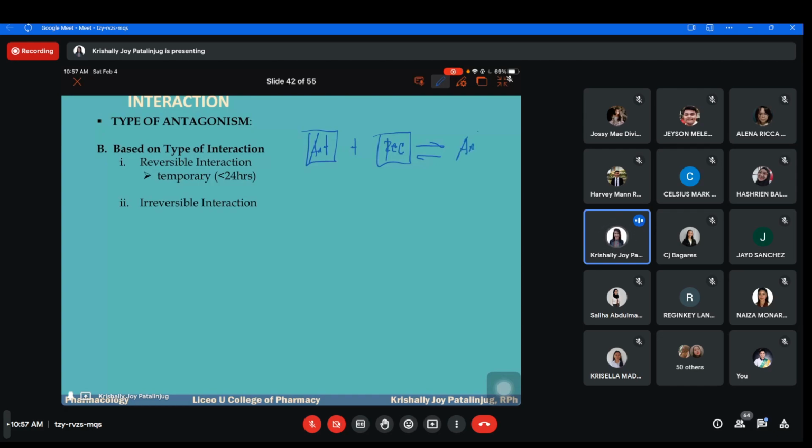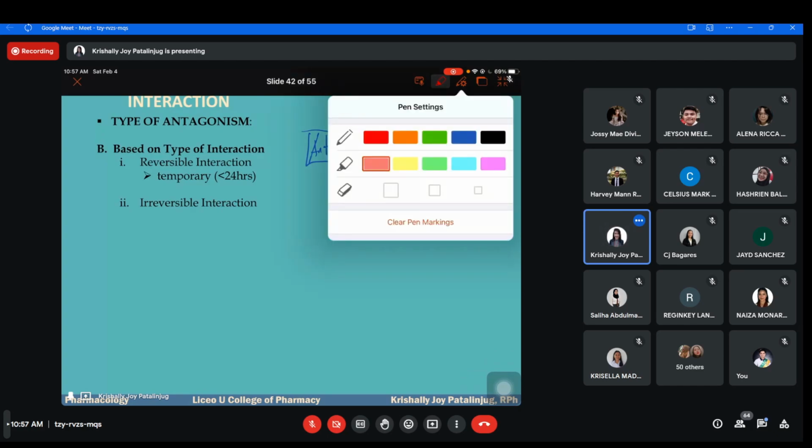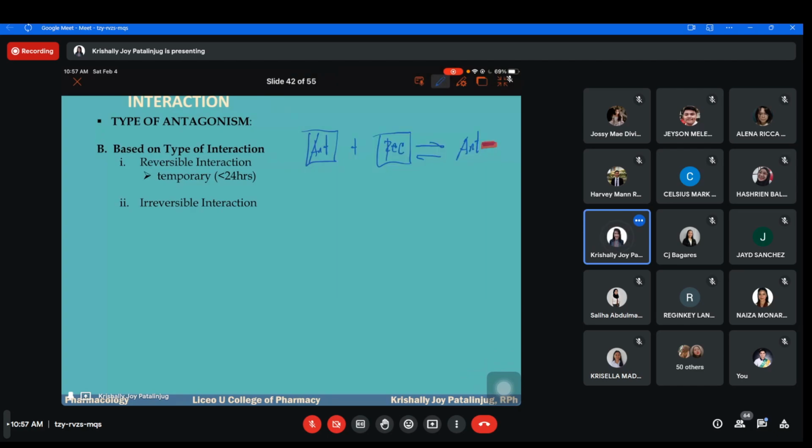So again, itong bond na ito, highlighted with color red. Ayan, as that antagonist, then you have a receptor. Yung bond na yan is a weak type of bond, weak force of attraction.